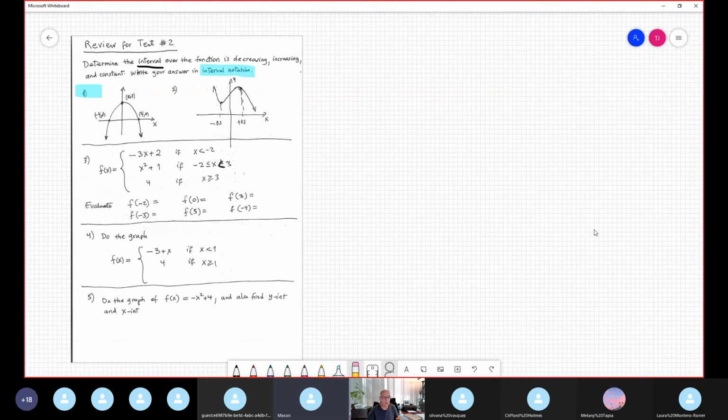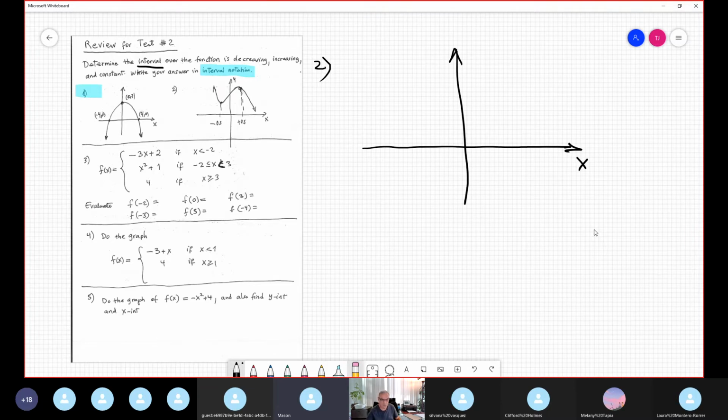Okay. Let me try to do a rough sketch for question 2. Question 2 is a little bit more complicated. Suppose the curve looks like that. Now remember, this arrow indicates it continues forever in that direction.